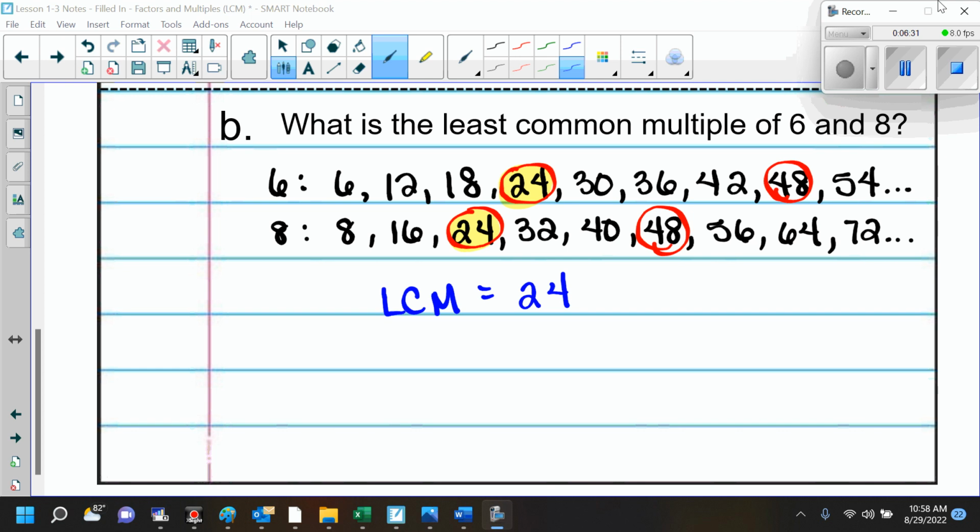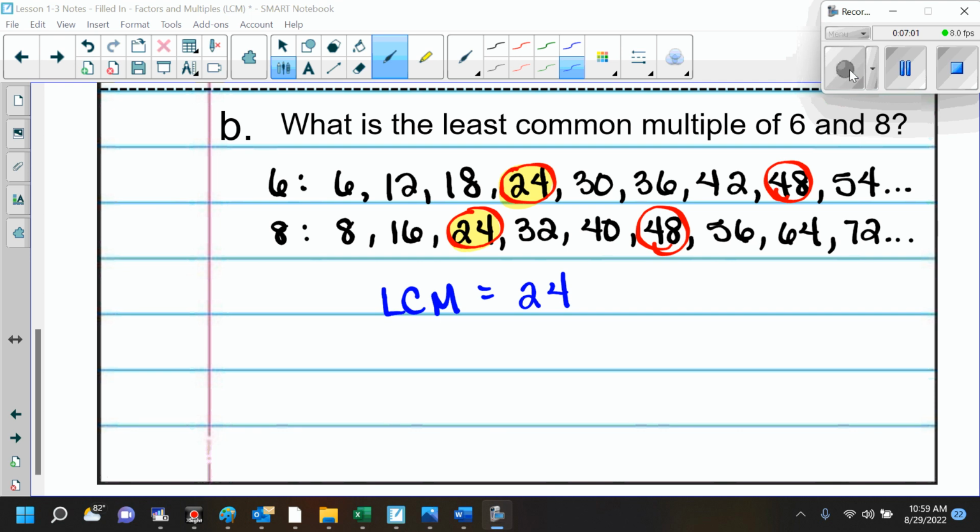So you just do 6 times 1, times 2, times 3, times 4, times 5, and so on. And you just go until you have enough to go by, right? So here, I went out all the way to 9, and then we circled what they had in common, and then you just pick the one that's the smallest. So the least common multiple is 24.